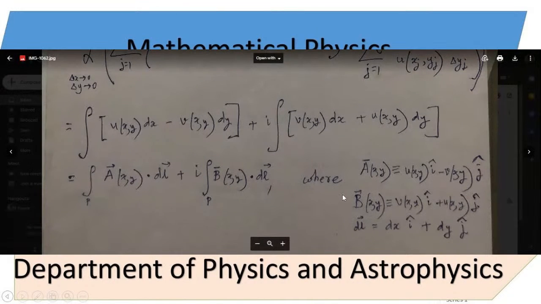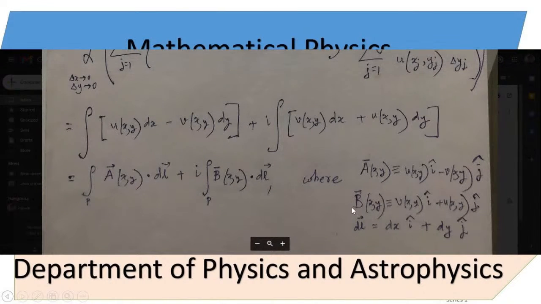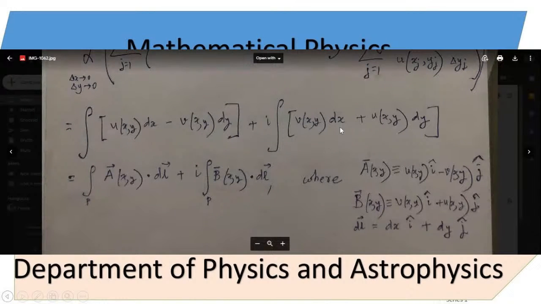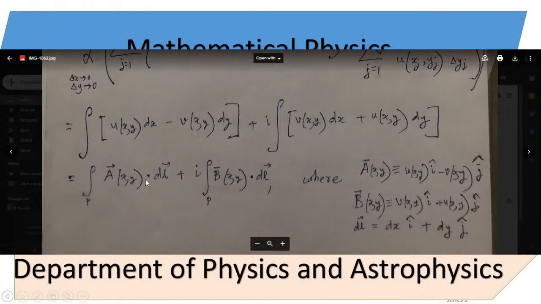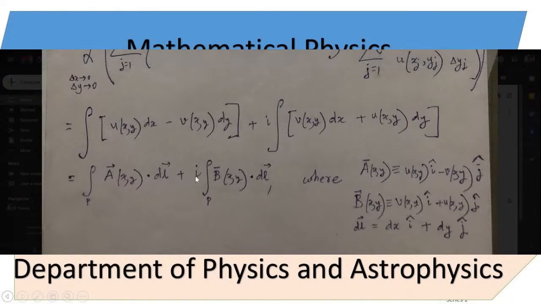Similarly, B dot dl will be v into dx, and similarly u into dy. So therefore, the integral of f(z) dz along the path P is nothing but the integral of A dot dl plus iota times the integral of B dot dl. Okay.